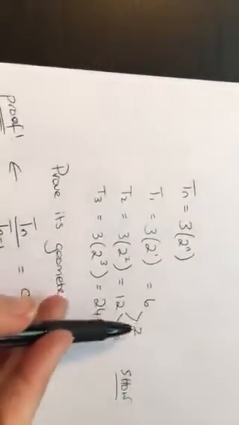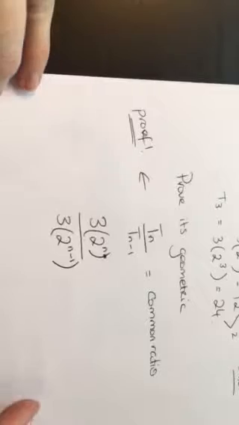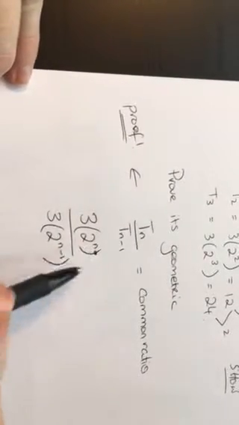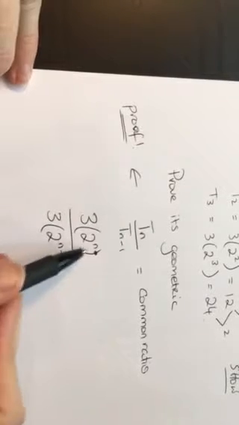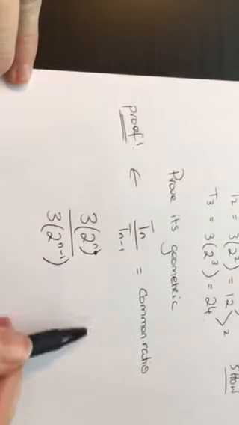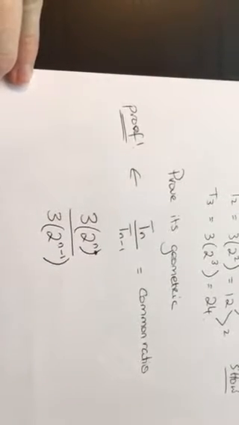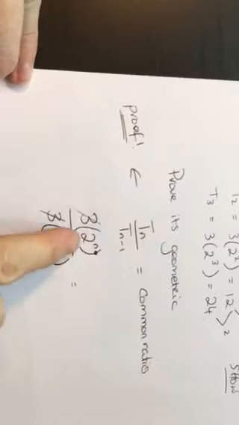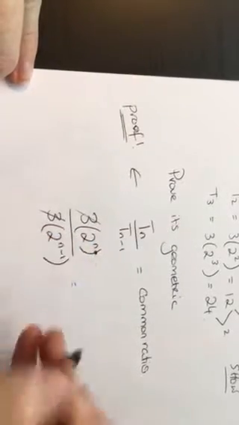I know my common ratio is 2, so I'm expecting the answer 2 here. Because I won't have put in any values for n, no matter the value of n, I should get the answer 2, which will show that the full sequence is geometric. My rules of indices say if I have something over something, I can subtract my powers.